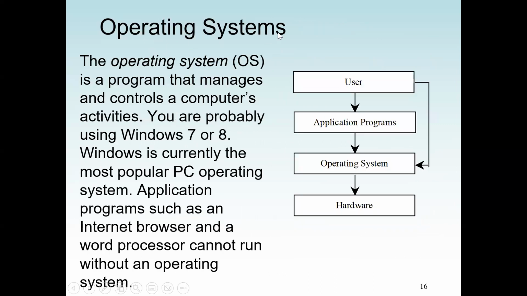Next is what is an operating system. This is a very special kind of software. In general, software consists of two types: application software and system software. System software are normally programs that interact with the computer hardware, manage it, and communicate with it.